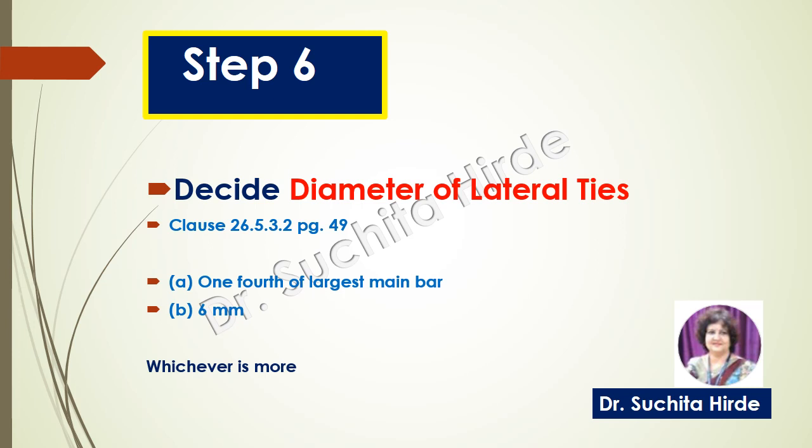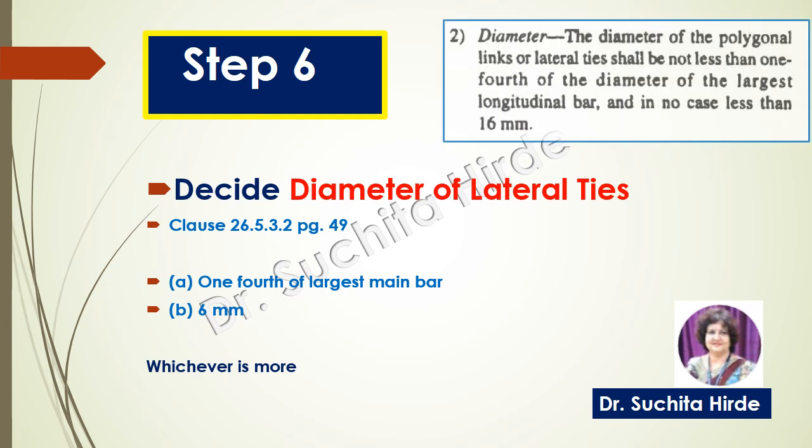For example, if the diameter of main bar is 20 millimeter, then 1/4 of 20 means 5 millimeter, and second condition is 6 millimeter, whichever is more. That means diameter of bar will be 6 millimeter in this case. So this clause is given on page number 49. There is one printing mistake in IS code. So here instead of 16 millimeter, we have to read it as 6 millimeter.